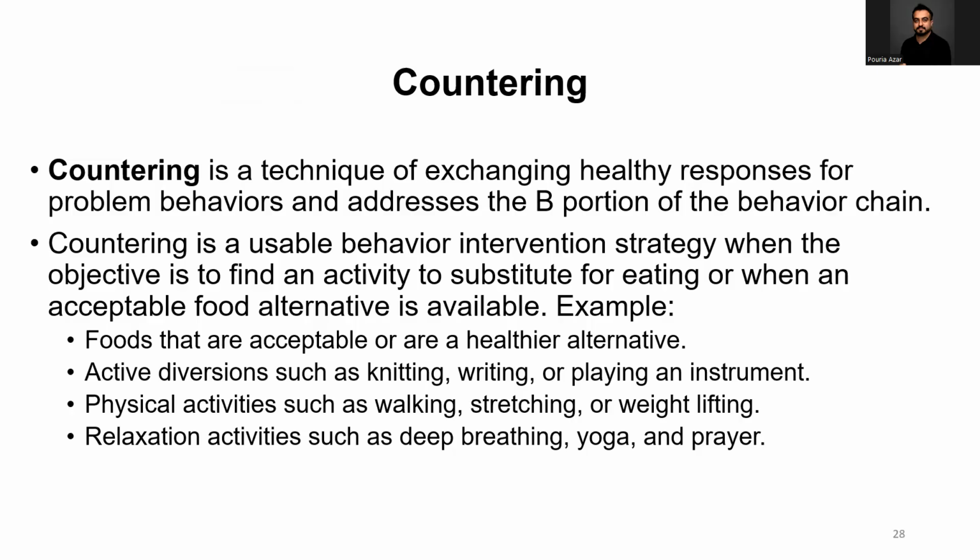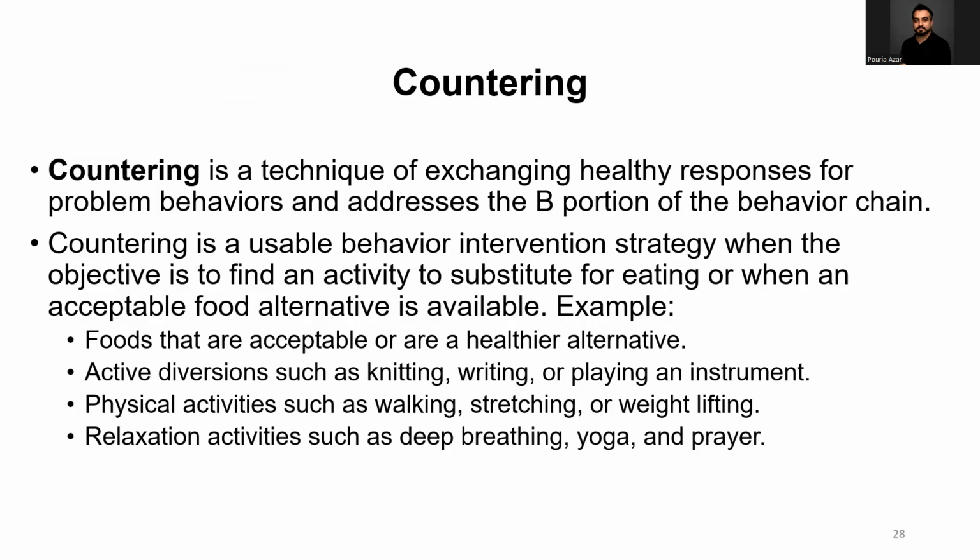So, here's an example: foods that are acceptable or are a healthier alternative. Active diversions such as knitting, writing, or playing an instrument. Physical activities such as walking, stretching, or weightlifting. Relaxation activities such as deep breathing, yoga, and prayer.